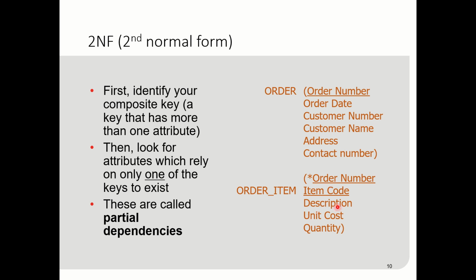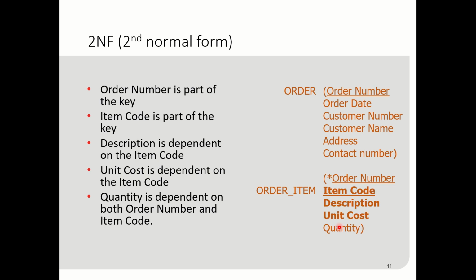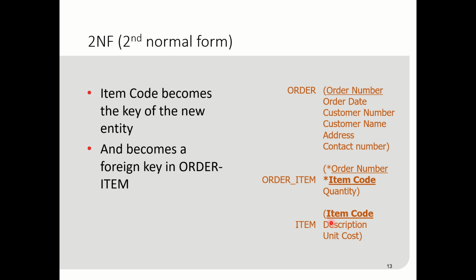But this description and unit cost are only partially dependent on one of the primary keys, the item code alone. So yes, you have identified some partial dependencies, so it is not in the second normal form. So what you have to do is take them out. You're taking them out as a different table: the description and the unit cost are taken, and the item code, which is the key they depend upon, is also taken and given as the primary key to this particular table.